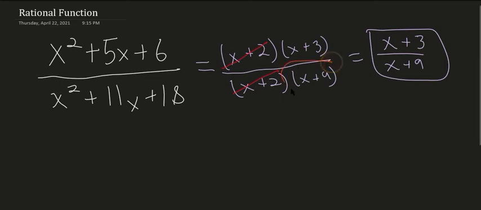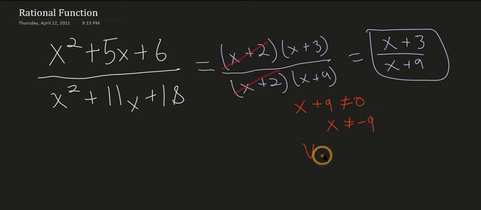For the vertical asymptote, we look at the bottom one, the denominator, the simplified version right here. So x plus 9 cannot be equal to 0. So x cannot be equal to negative 9.